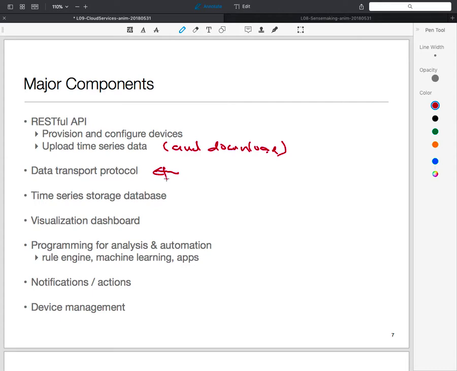At the heart of a lot of these systems is some sort of visualization dashboard, ranging from simplistic to some of those products I mentioned, like Freeboard, which have pretty sophisticated visualization. Then programming for analysis and automation: first generation products are very simple, letting you specify rules, thresholds, things like that.